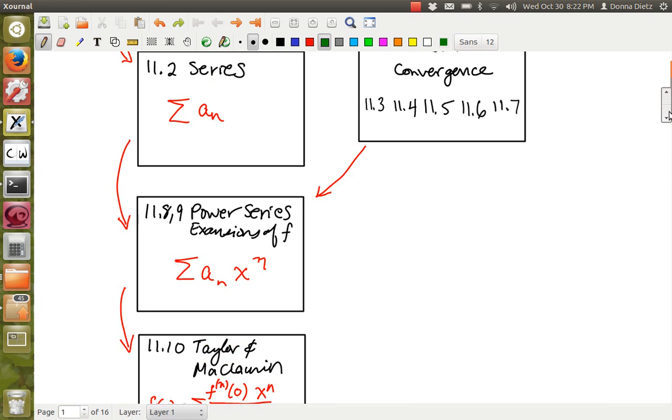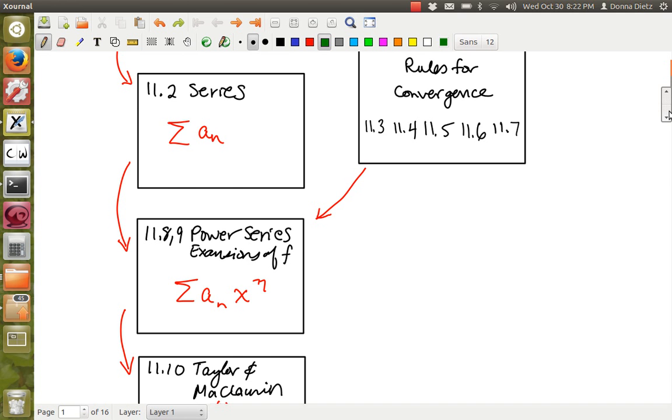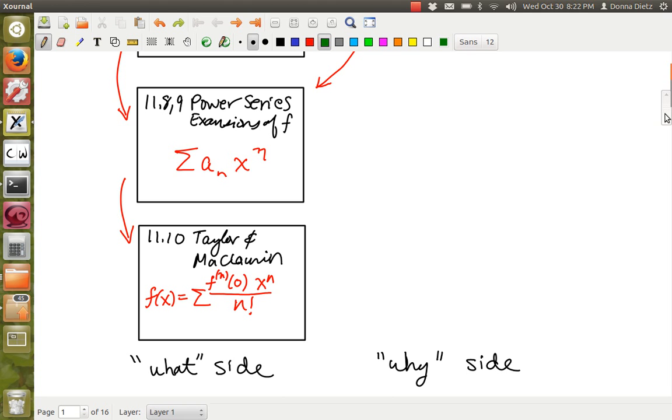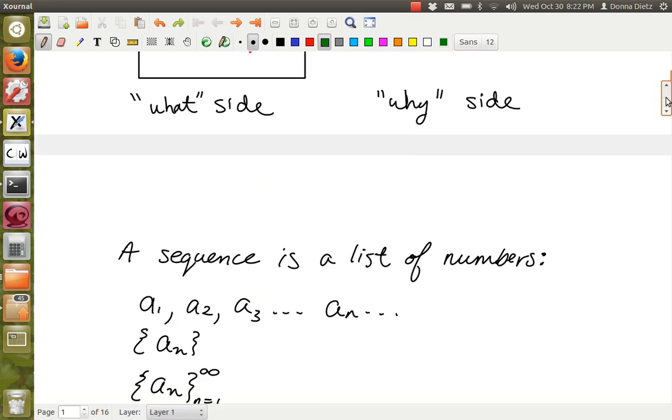In other words, we're going to use a polynomial to approximate, let's say, sine or cosine. And then in 11.10, we're going to essentially use polynomials to express other functions. So 11.8, 9, and 10 are all tied together. So that's what's going on.